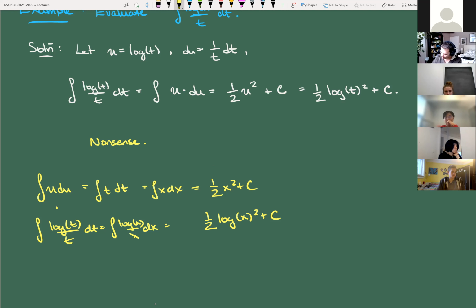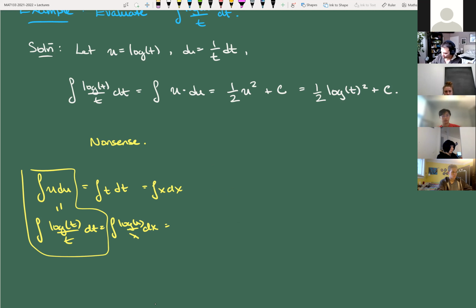So when I say that these two things are equal, that is strictly speaking nonsense, because you should be able to evaluate those two things separately without knowing any relationship that u has with t, and you'll get different answers, right? And the fact that there is this sort of memory being passed on in this equal sign is the nonsensical thing. So that's just something to keep in mind.